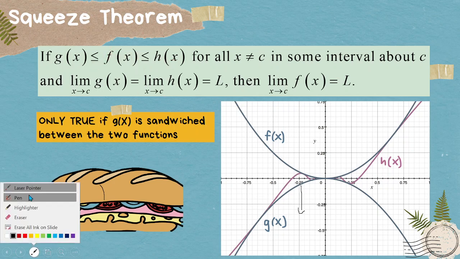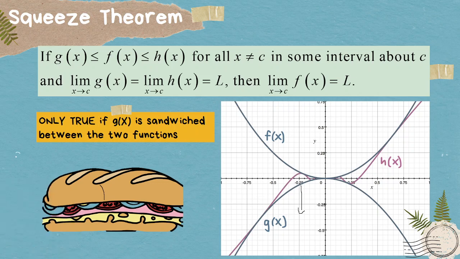So for example, we have a function f of x, and we have some function h of x that is bounded between f of x and g of x. Basically, this f of x and this g of x are the buns. Why?